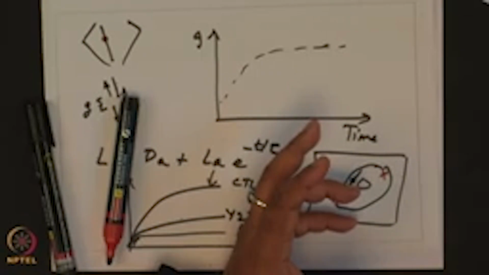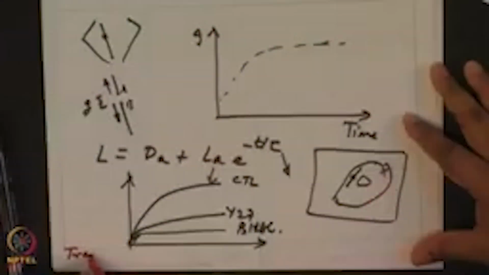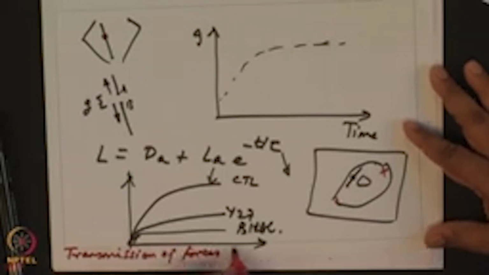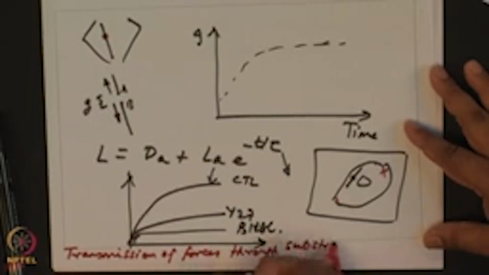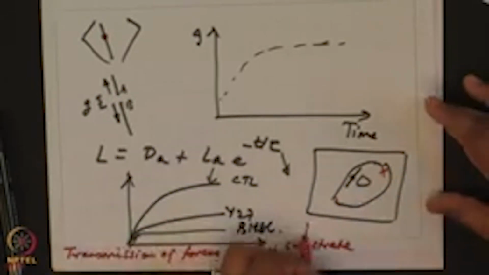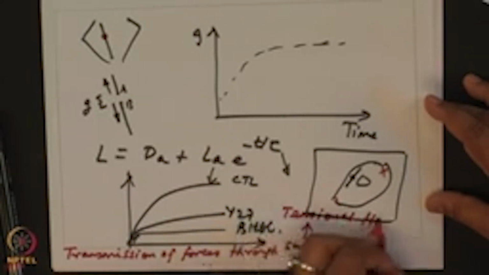But this is markedly absent if the cell was cultured on a glass substrate. So, this experiment suggests that transmission of forces through the substrate regulates the force balance in a single cell. So, this regulates your tensional homeostasis or the force balance.